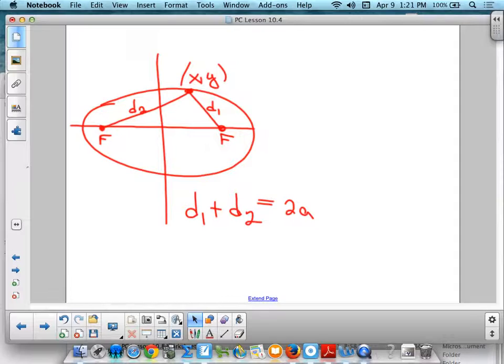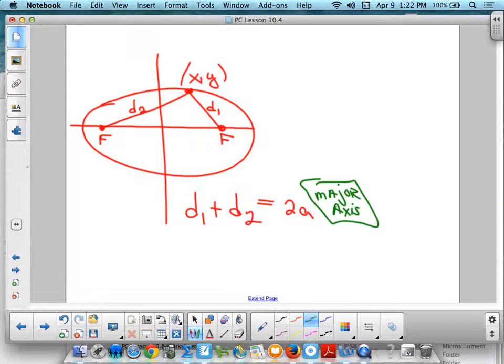What's A? What does A stand for? Major axis. Oh, yeah, okay. 2A is the major axis. Olivia, she's right. It is the major axis. This is the answer every time. I was hoping you'd tell me A is from where?